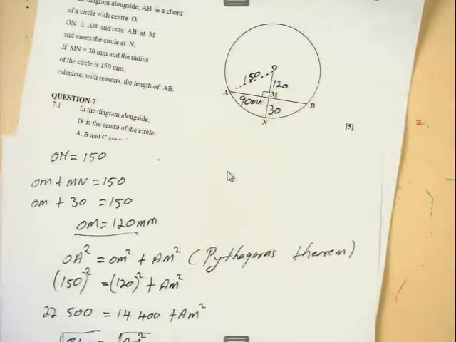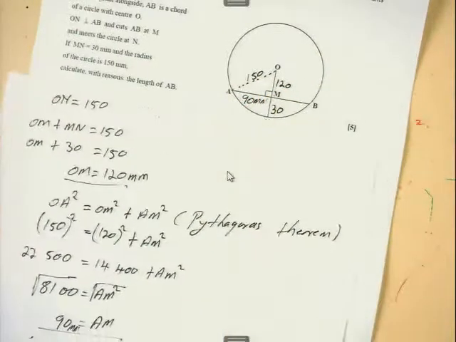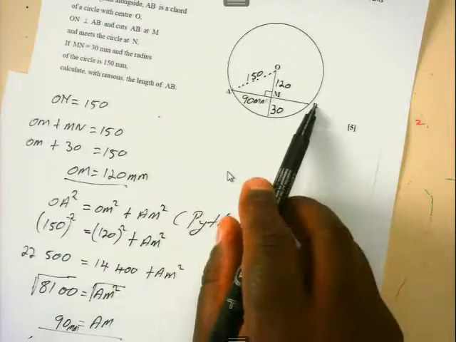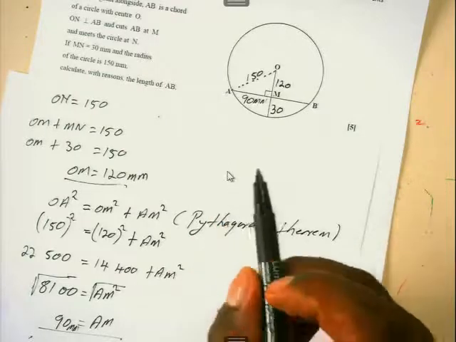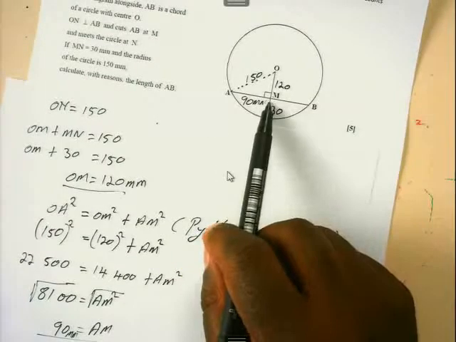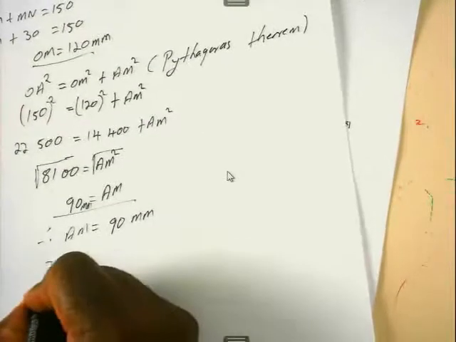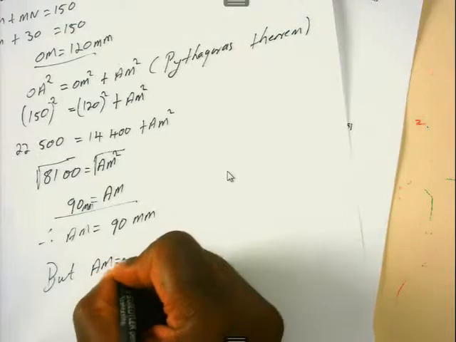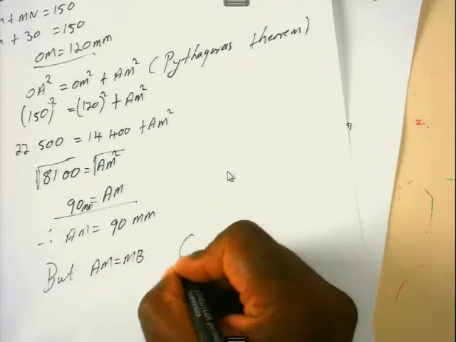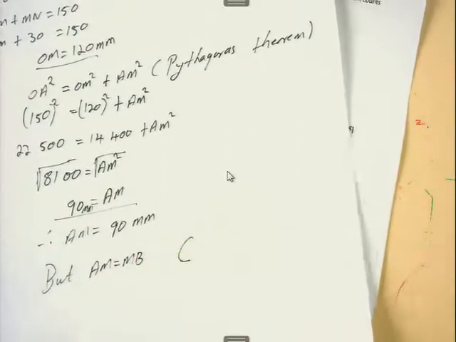The question wants us to calculate the length of AB. Check AB. But we know from one of the theorems that we did that AM is equal to MB. It's geometry, so we must provide a reason for that statement.